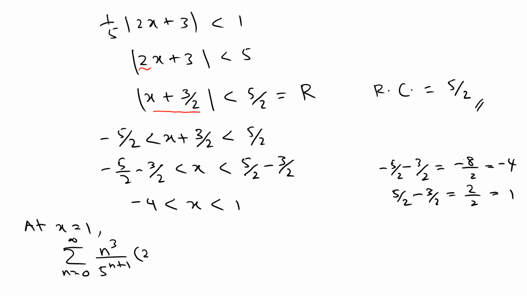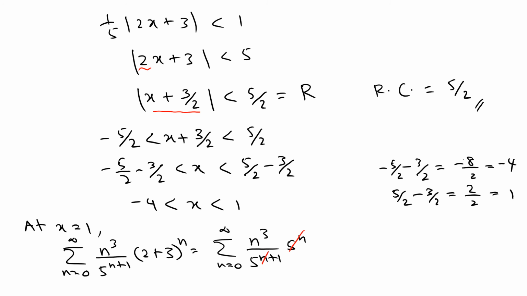So this is simply the sum of n cubed over 5n plus 1. The 5n cancels with that.